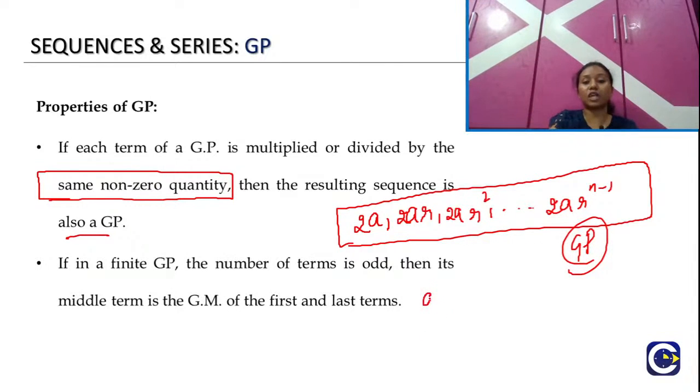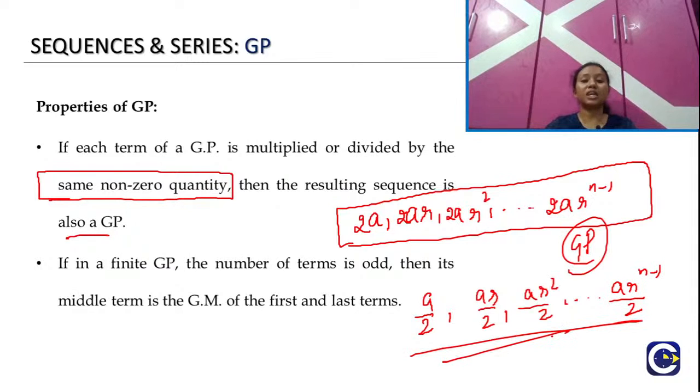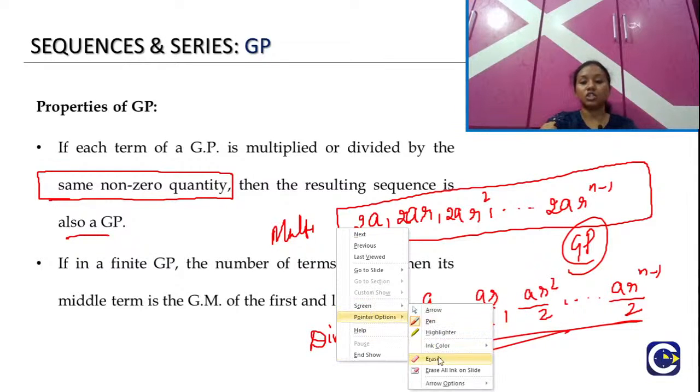Even if we divide, that means a by 2, ar by 2, ar square by 2, and so on, ar power n minus 1 by 2, this sequence will also result in a geometric progression. The only condition we have to identify here is that it can be either multiplied or divided, and that quantity should be the same and non-zero. Here we have seen two cases, one for multiplication and the other for division. So this is all about the first property of geometric progression.